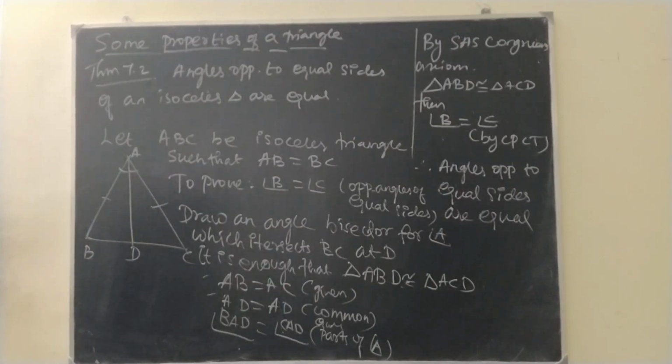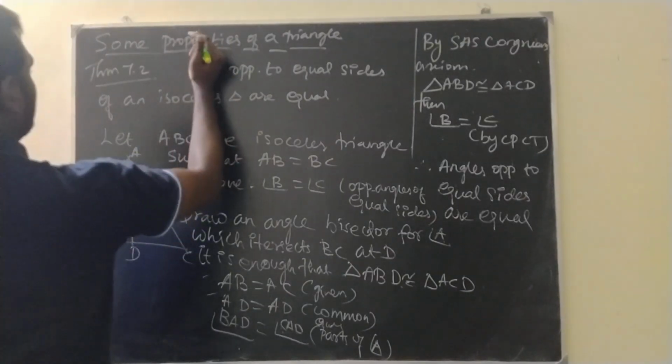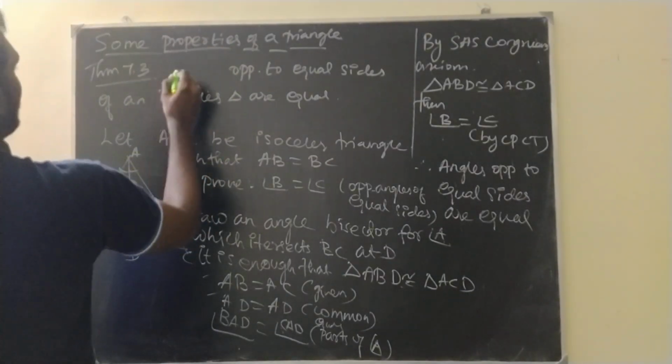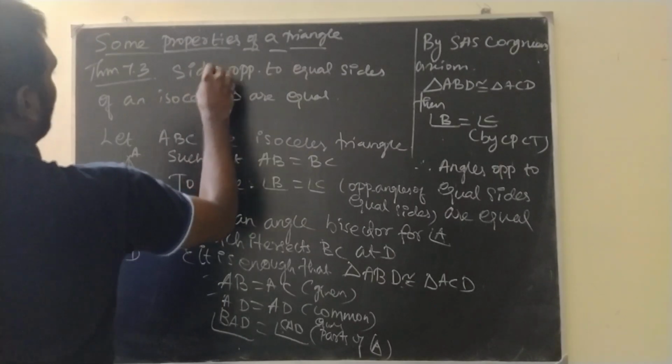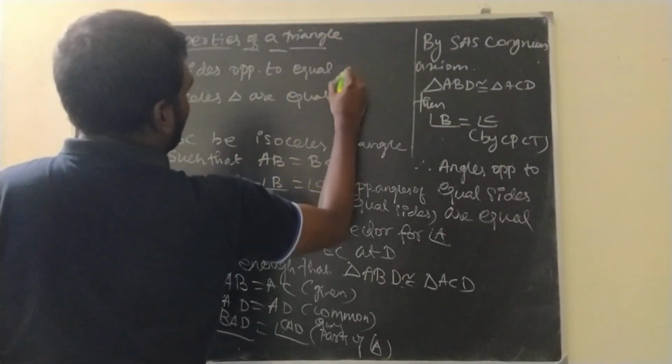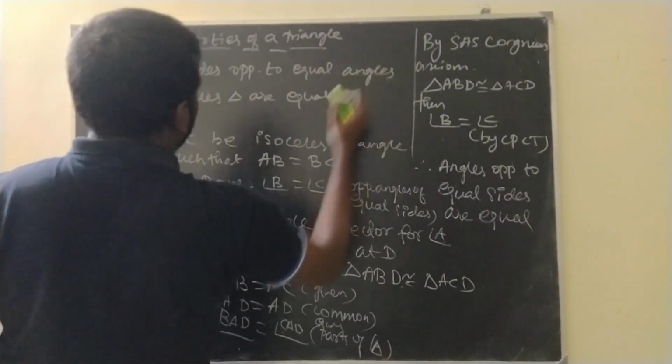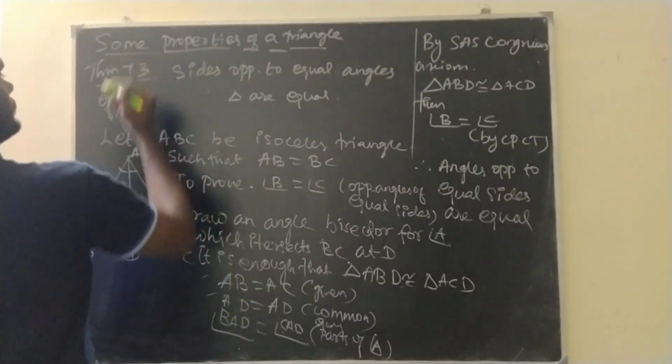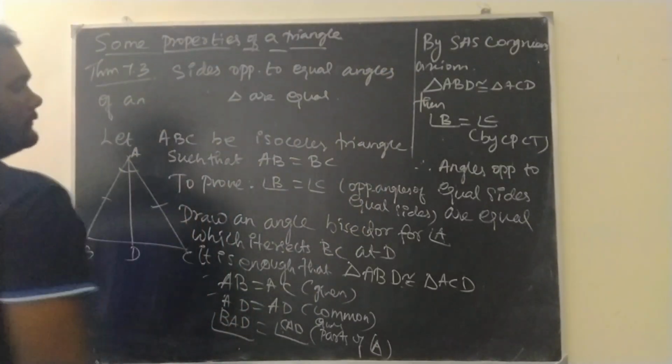Next, the second one. The sides opposite to equal angles of a triangle are equal. Sides opposite to equal angles of a triangle are equal.